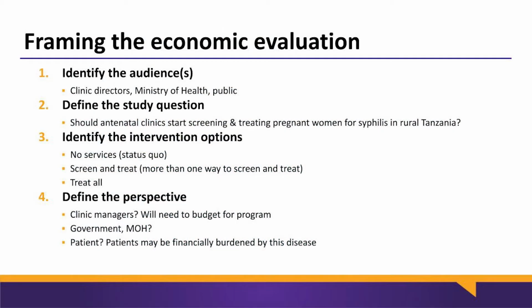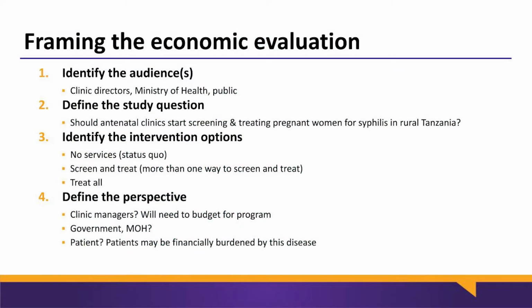But we are looking to provide an answer to the Ministry of Health because they're the ones that are going to use this data to decide if they're going to start screening and treating women in these rural clinics. Define the study question: should antenatal clinics start screening and treating pregnant women for syphilis in rural Tanzania? Okay, relatively simple.